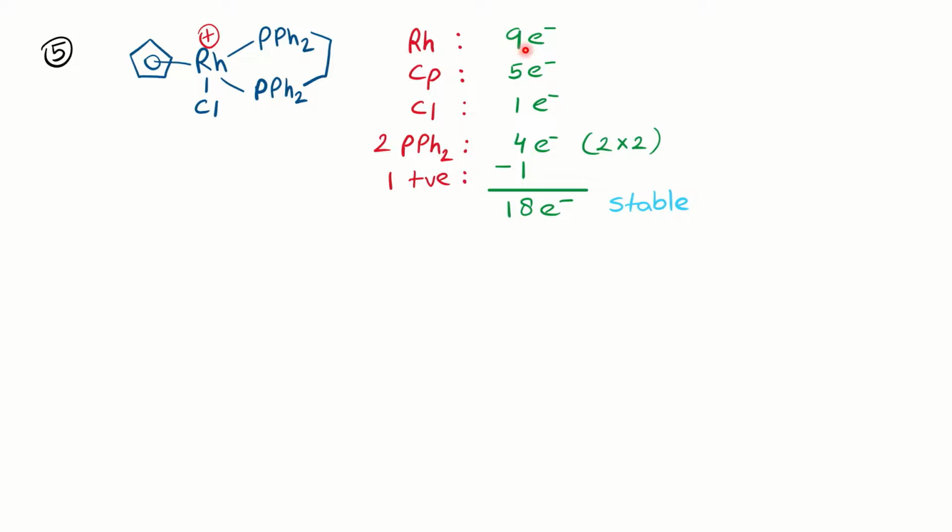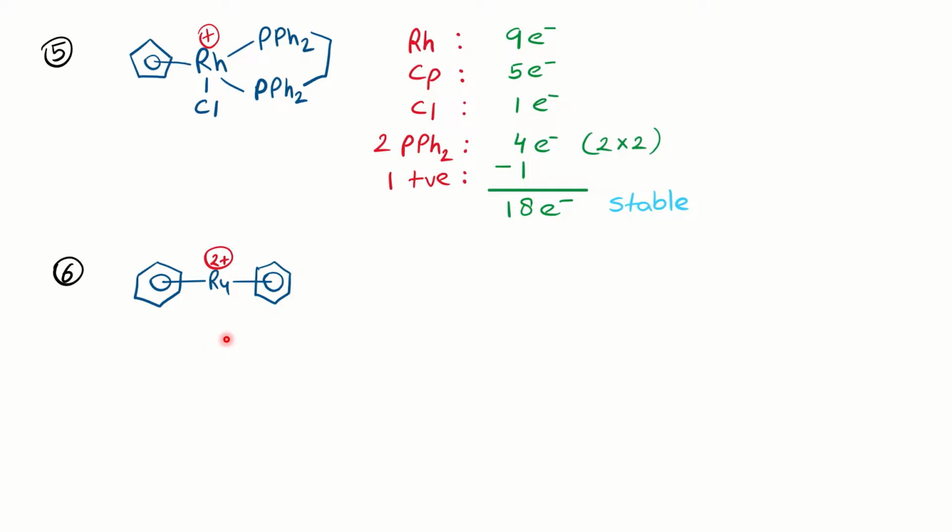As I told you, you have to learn that by making some tricks, or you have to practice by writing it, and so you can solve this problem easily. Cp, chlorine, 2 PPh2, total 4 electrons because each contributes 2, and you have 1 positive charge means you have to subtract 1. It brings an 18 electron configuration, means it is stable.